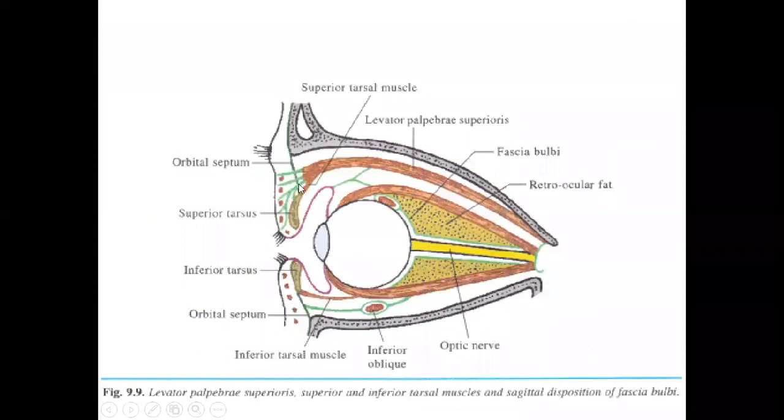It penetrates the orbital septum, passes through the fibers of orbicularis oculi, then is attached to the skin of upper eyelid. Some portion is attached to the superior tarsus.